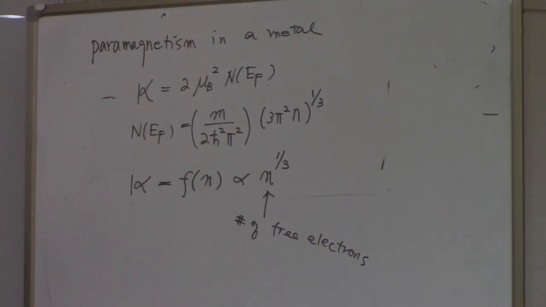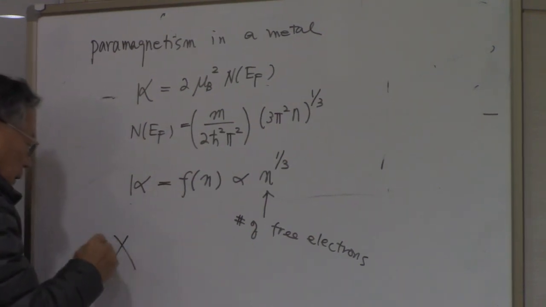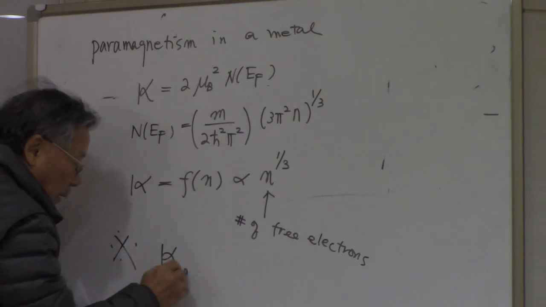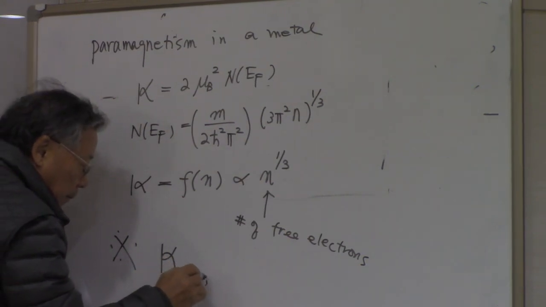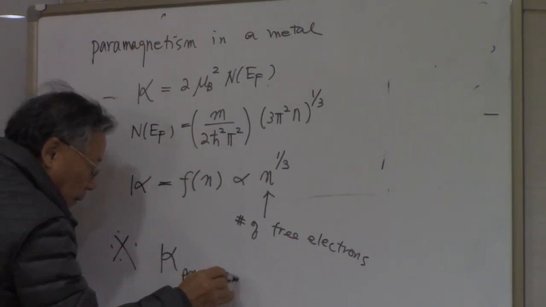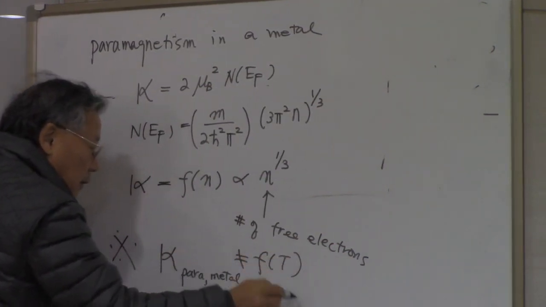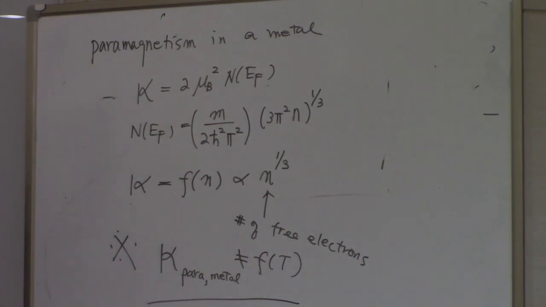Okay? Now, the important thing is that for paramagnetism in the metal, the susceptibility is not a function of temperature. That is the amazing thing.